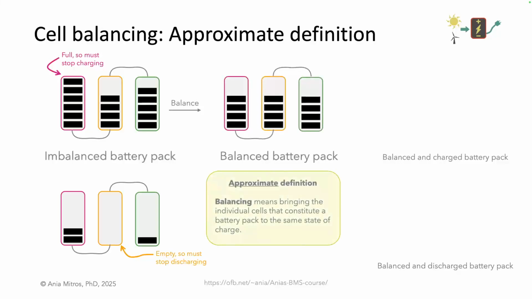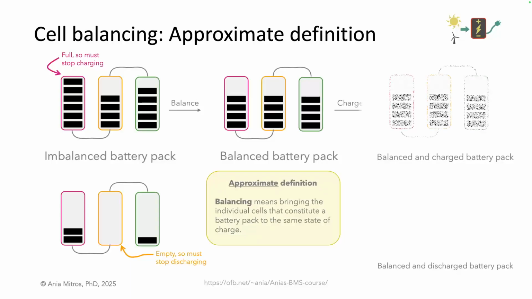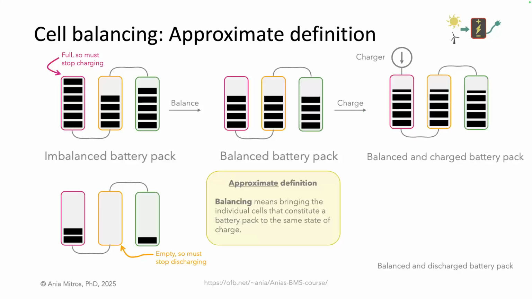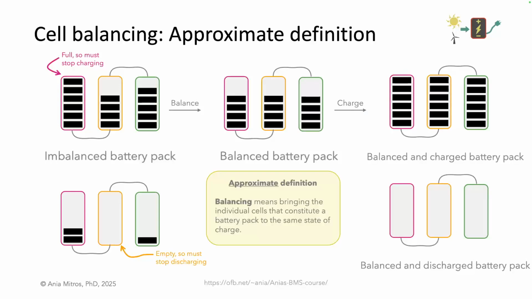Balancing, roughly speaking, puts all the cells at the same state of charge. On the right, we have a balanced and fully charged battery pack on top, and a fully balanced and discharged pack on the bottom. We are able to cycle a balanced battery pack through its full capacity to extract the maximum number of amp hours possible.